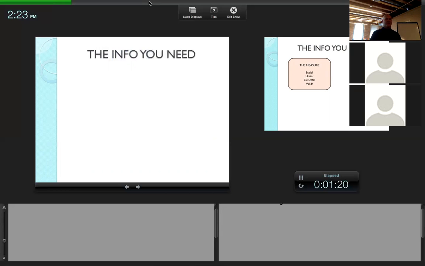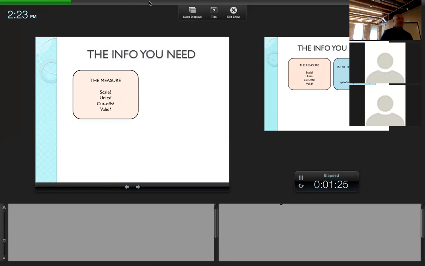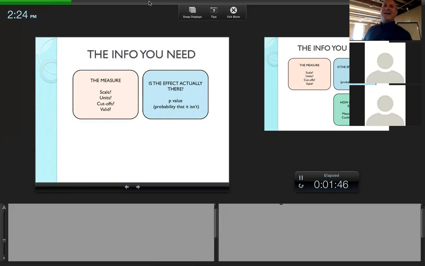What is this effect size reflected on? So what's the scale? What are the units? Are they valid? Do they represent something we're interested in? Have they used any cutoffs? Is this one of these continuous scales that's been dichotomized? So you could have a meta-analysis of responder analyses of pain. So it might be the proportion of people who experienced a 50% improvement in their pain, using the impact definition, for instance. Is there an effect actually there?